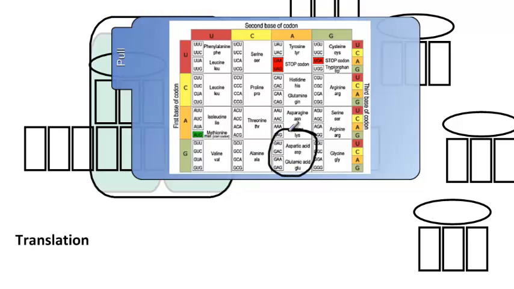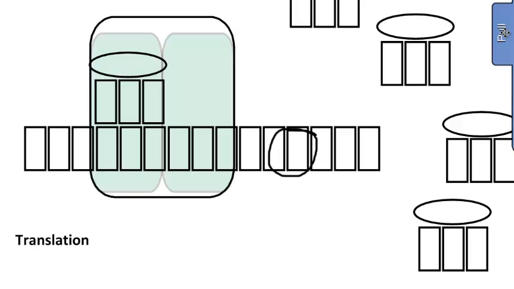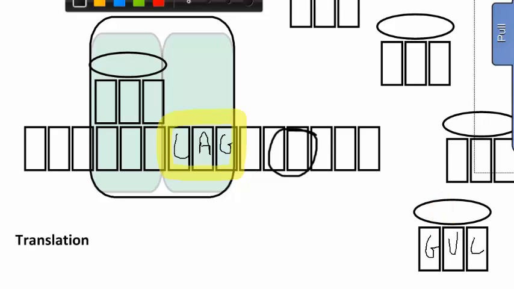Aspartic acid, or ASP, is our abbreviation. We'll push this back, and we'll write that in. ASP. So aspartic acid is the amino acid that's coded for by CAG.